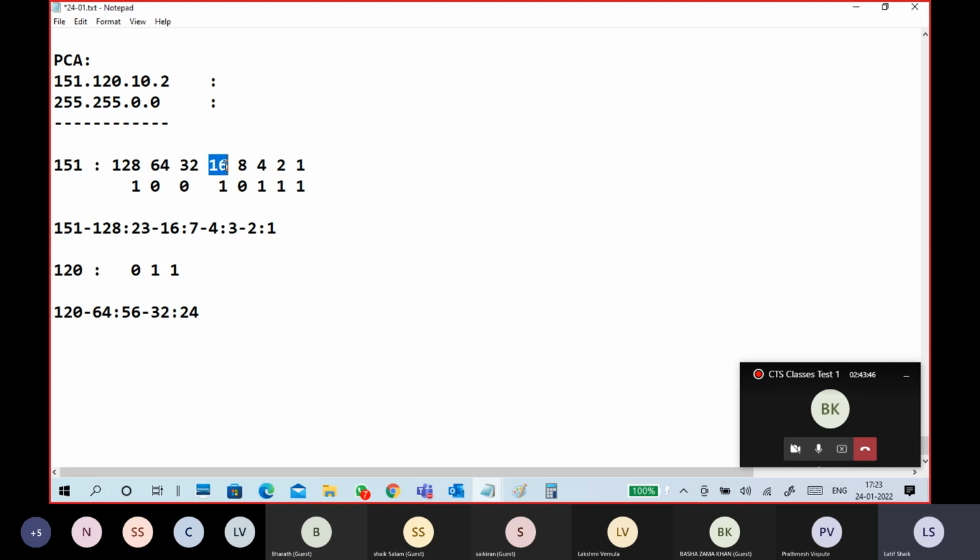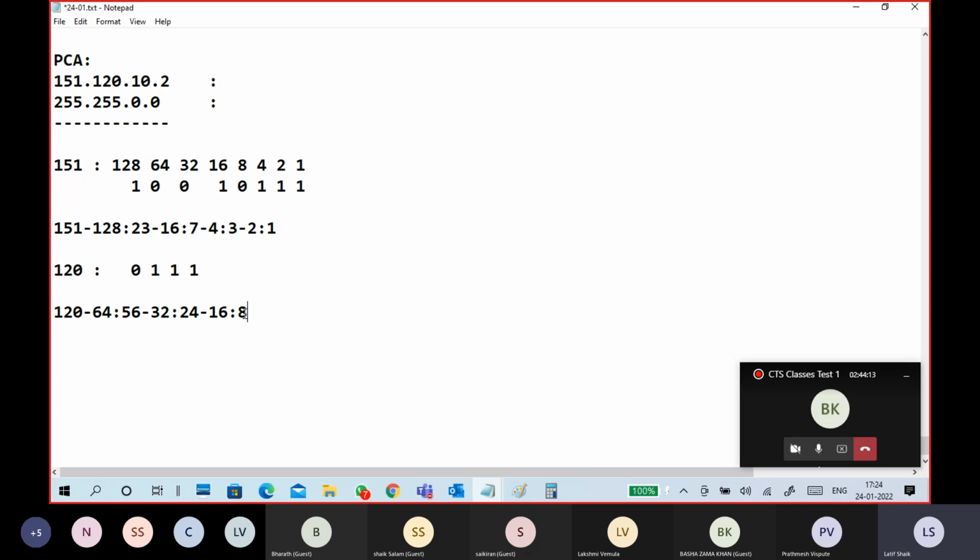Compare again 24 with 16. 24 is bigger than 16. So put 1 here for 16. Now it is 8, right? So 16 plus 8 is 24 actually.